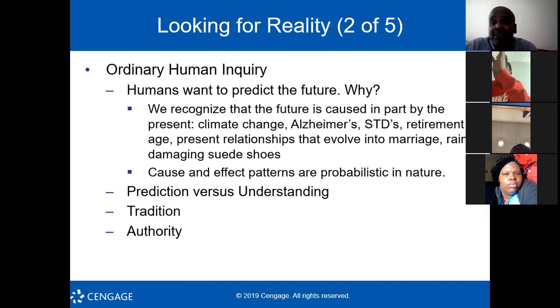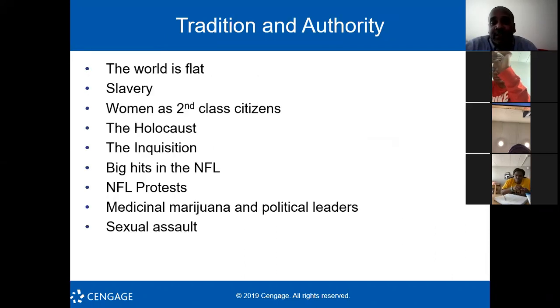What we want to do is not rely on somebody else, and this is why I have told you since I met you, Nashaya, to do your own research, because I don't want you taking my word for stuff just because I'm a so-called authority figure in the class. The authority is going to be truth and information.